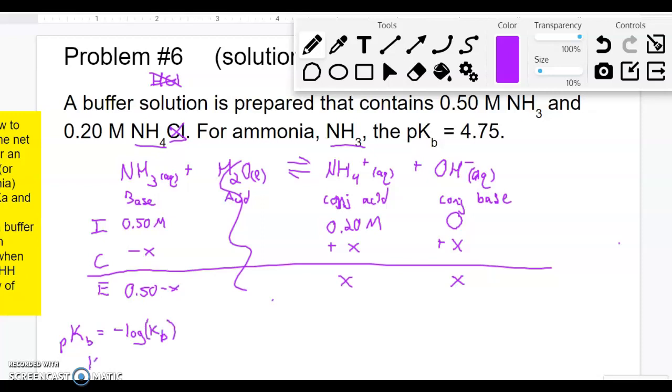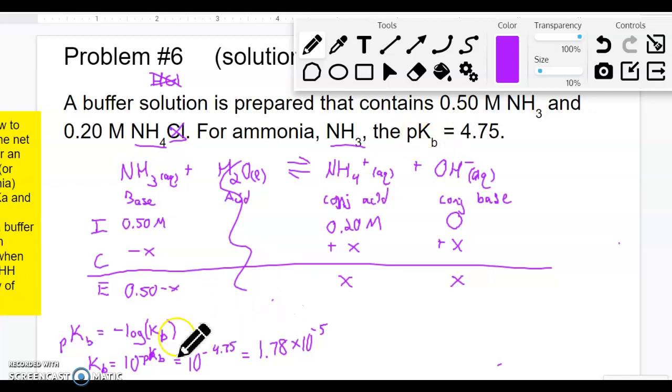So in order to get Kb, I need to take 10 to the negative pKb. So it's 10 to the negative, they told me it was 4.75. If I do that, I end up with 1.78 times 10 to the negative fifth.